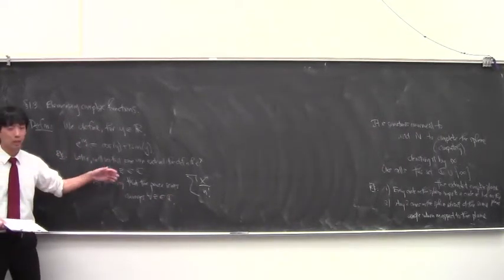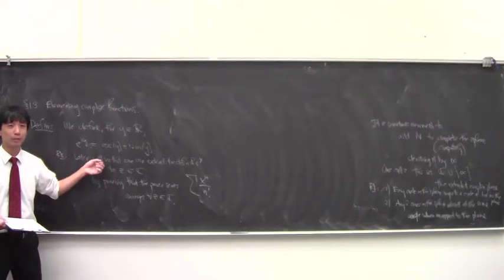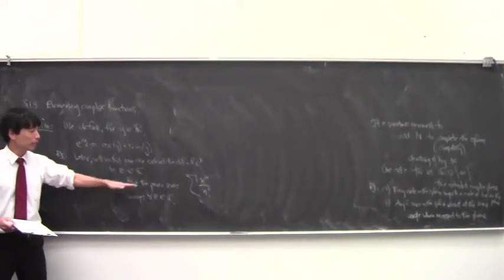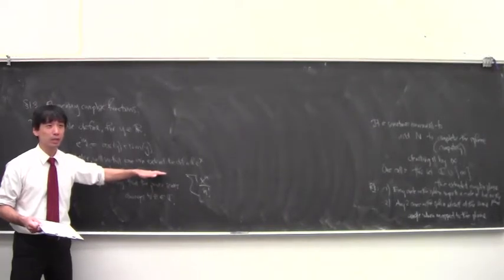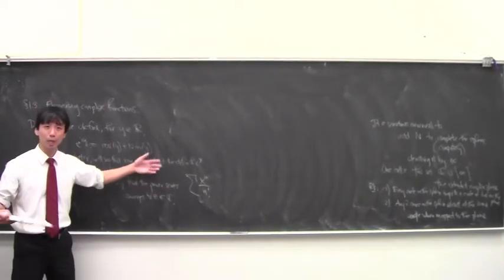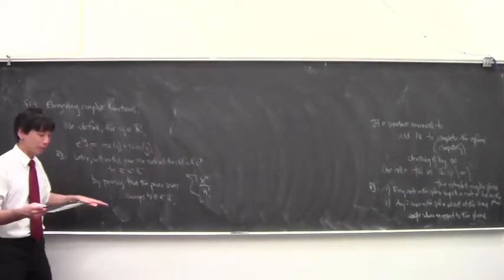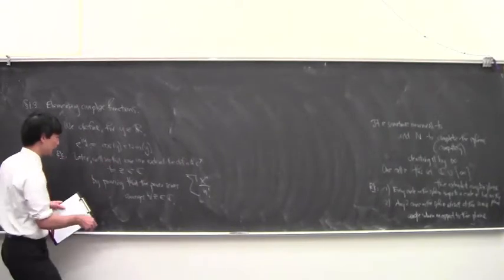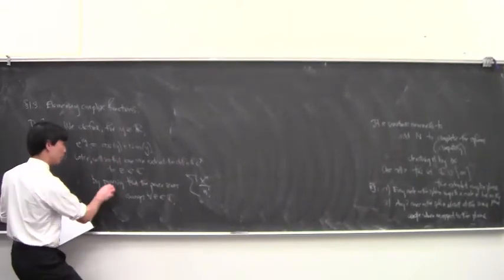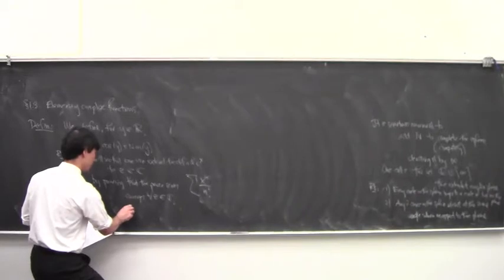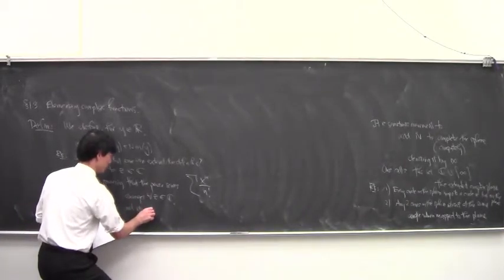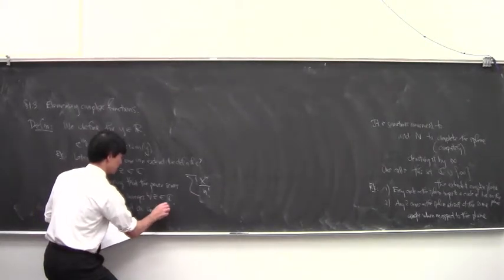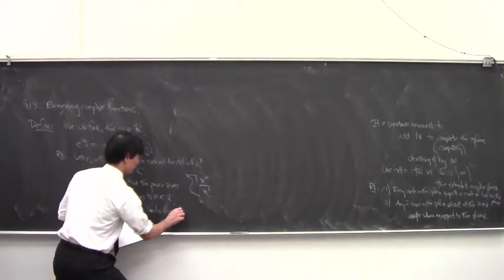So we'll talk about convergence of series of complex numbers, and then we can use this to extend the definition of e to the z to the whole complex plane, in a good manner. And then we'll do similar things for cosine and sine.